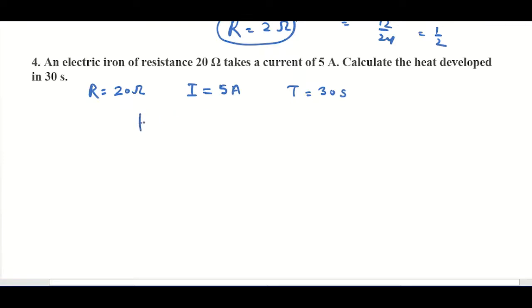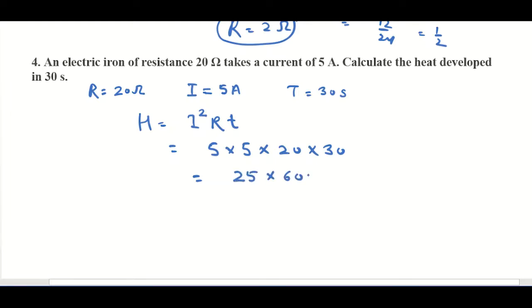So heat developed is equal to I square RT. Joule's law of heating will be used here, I square RT. 5 into 5 into 20 into 30. 25 into 600. The answer will be 15,000 joules. So this is the answer.